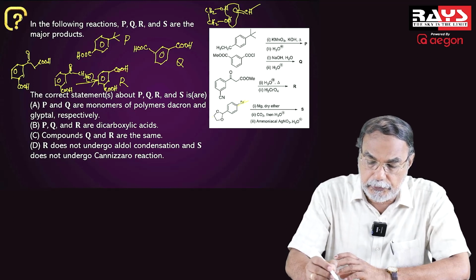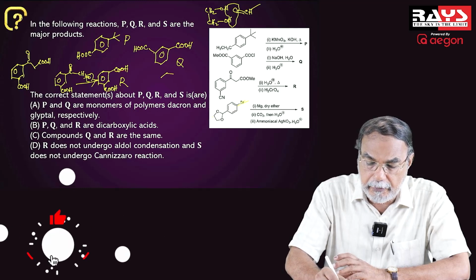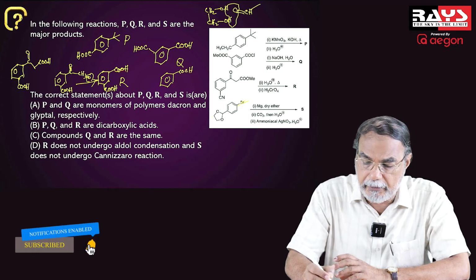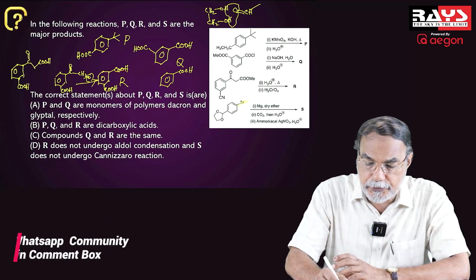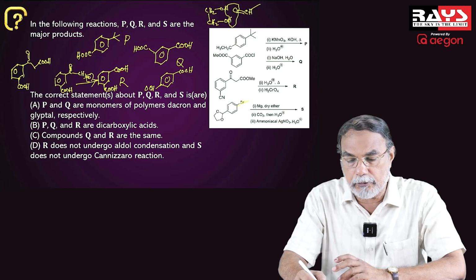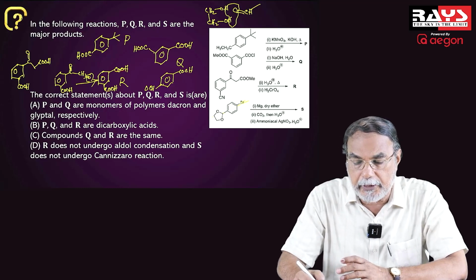Okay, so the product of the reaction will be the carboxyl group here, and at the para position you have the aldehyde group. The aldehyde group is regenerated at the para position.